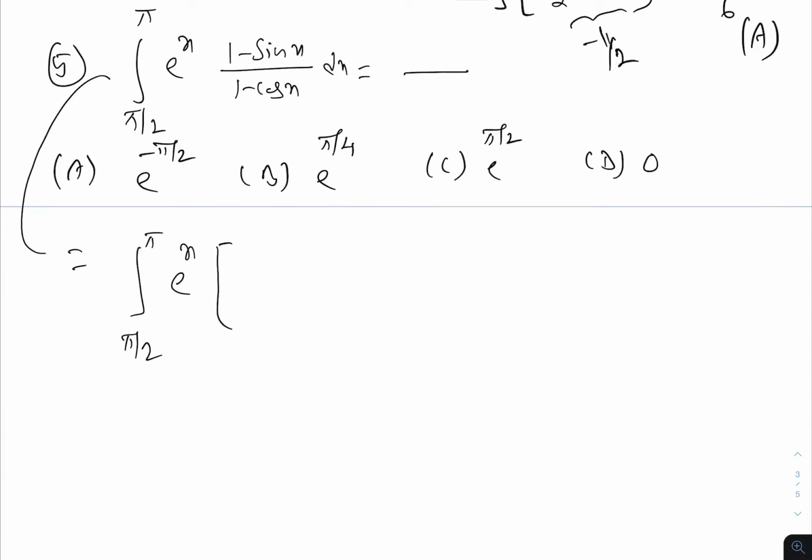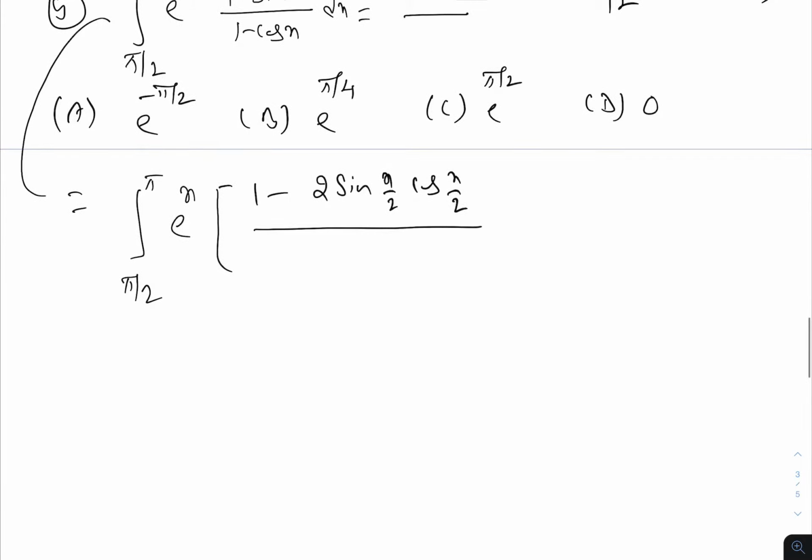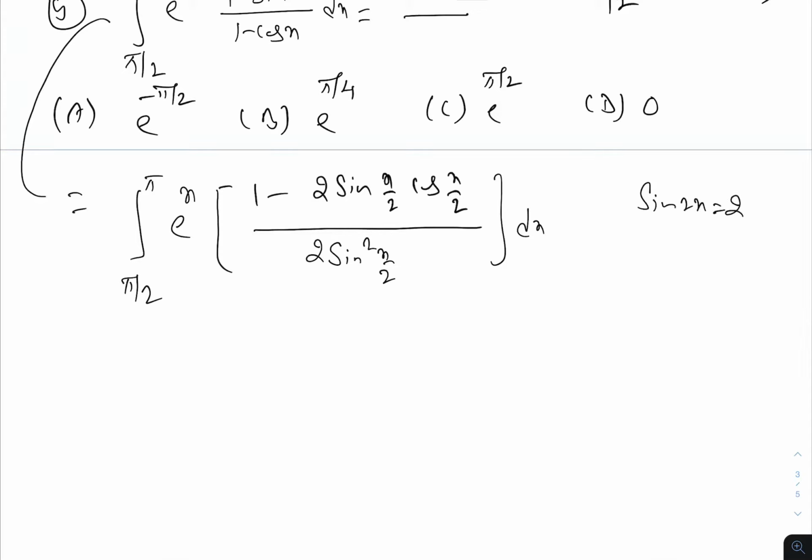Now see, can we write 1 minus sin x? So use the sin 2x formula, 2 sin x by 2 cosine x by 2, and for 1 minus cosine x, it is 2 sin square x by 2. So here we are using sin 2x is 2 sin x cosine x.